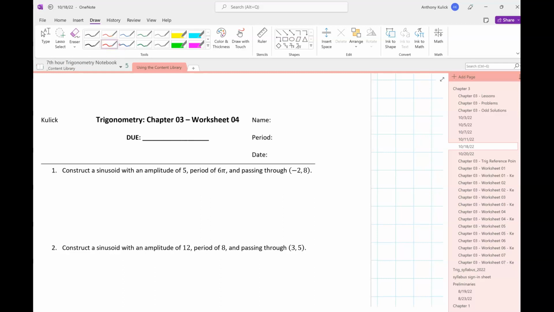So it says that we want to construct a sinusoid. What does it mean by sinusoid? It wants a sinusoid as either one of these sine or cosine equations.